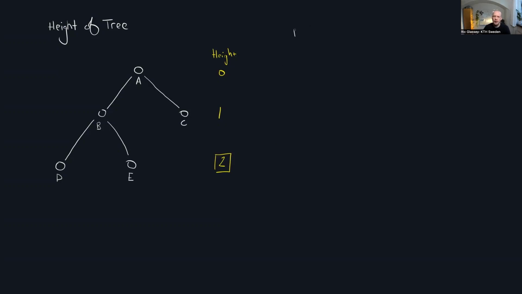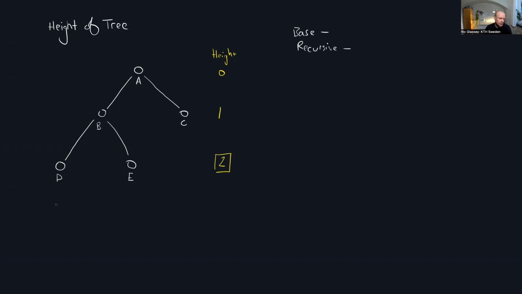But again, if we're writing a recursive algorithm, we need to think about the base case and the recursive case. With this algorithm, to find the height, what is the base case going to be?